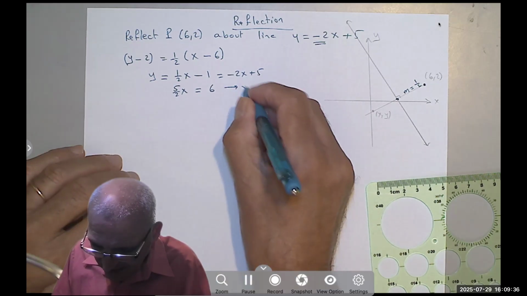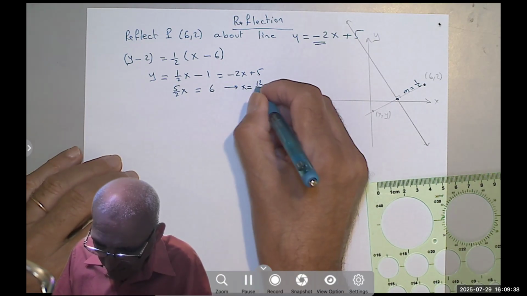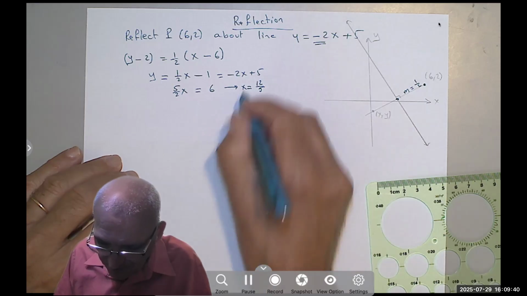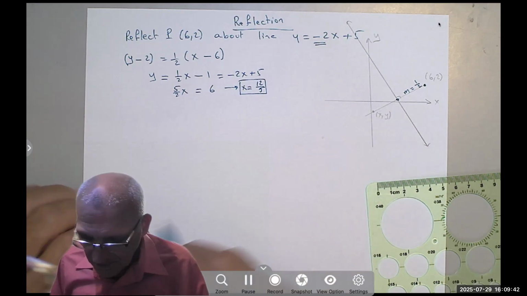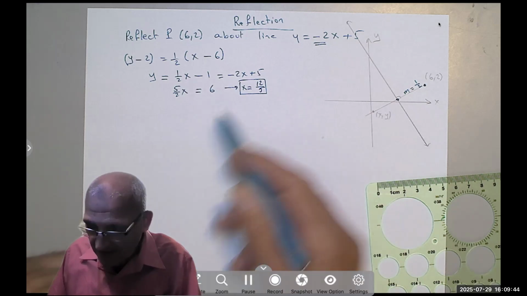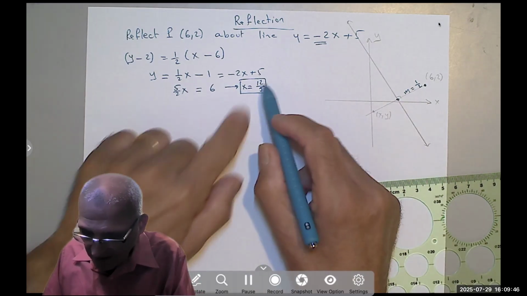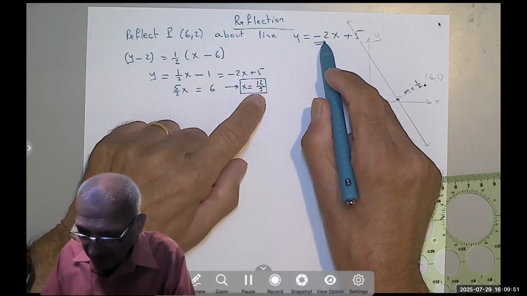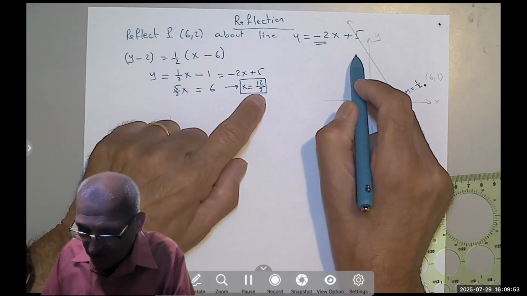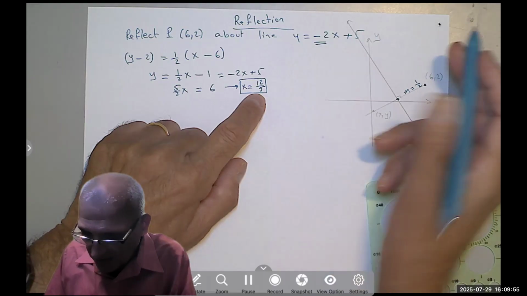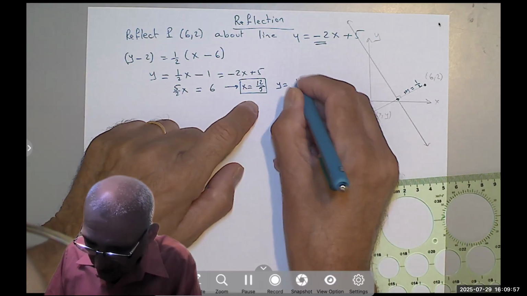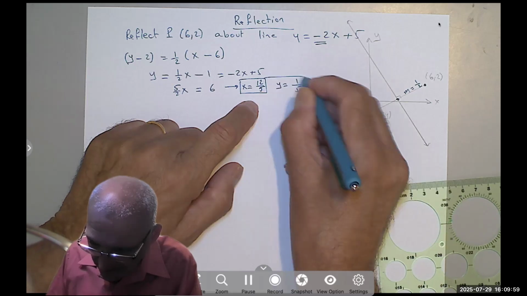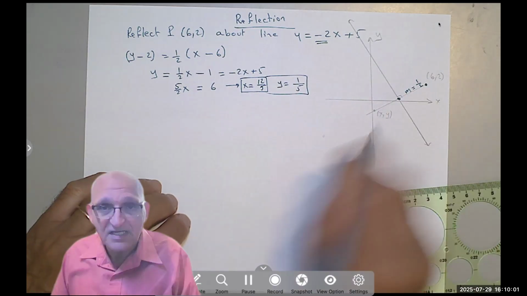And from here, I get x equals 12/5 or 2.4. Substituting back in this equation, 12 times negative 2 is negative 24 over 5, and 5 is 25 over 5, so negative 24 plus 25 is 1, and y equals 1 over 5. That's the point of intersection.